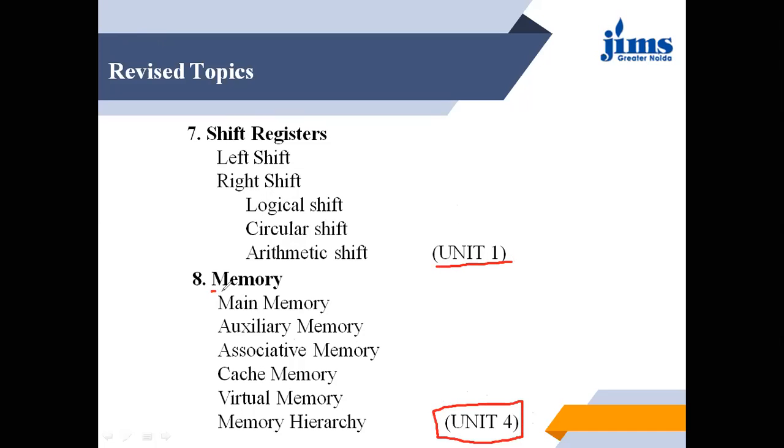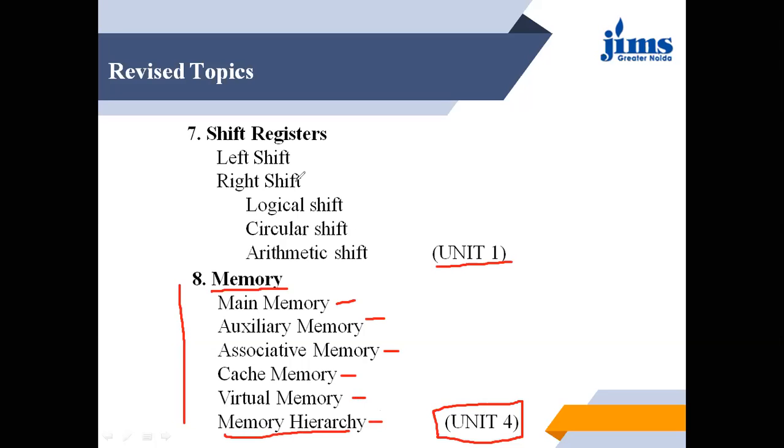We discuss this in digital electronics also, but here in computer architecture we will discuss all these types of memories, that is main memory, auxiliary memory, that is secondary memory, associative memory, cache memory, virtual memory, and then the relations of the different memories, that is memory hierarchy, in detail in unit 4.